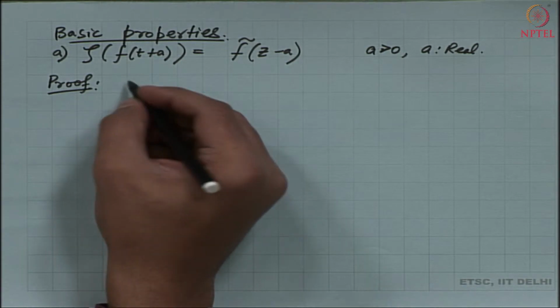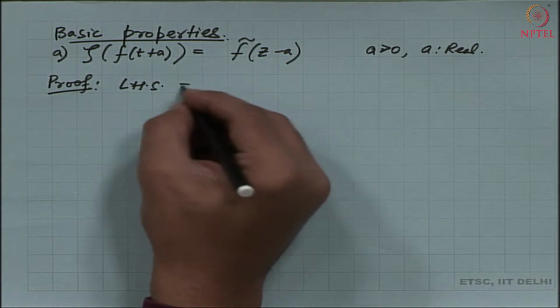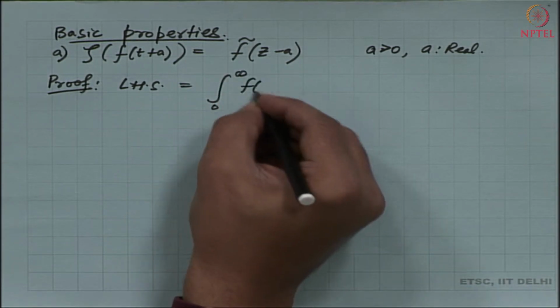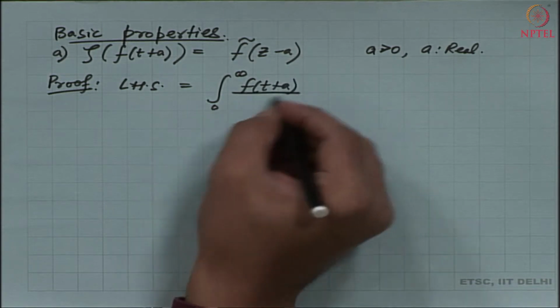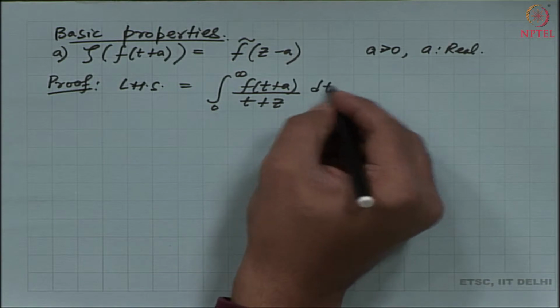Let us start with the left hand side. The left hand side is the integral from 0 to infinity of f(t + a) divided by (t + z) dt.